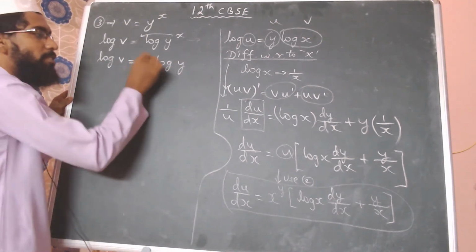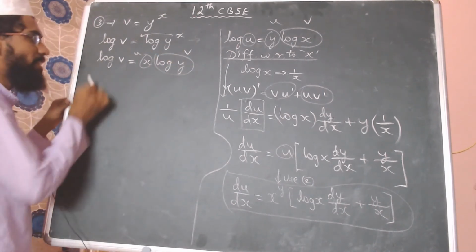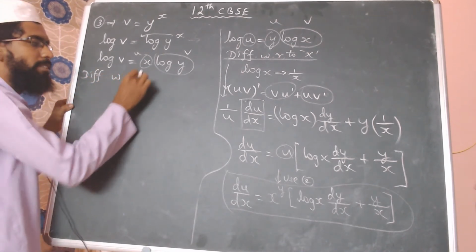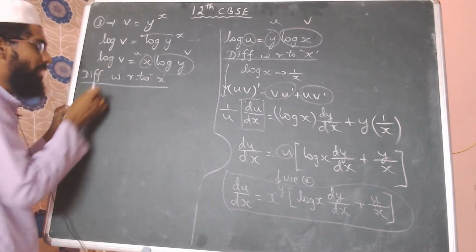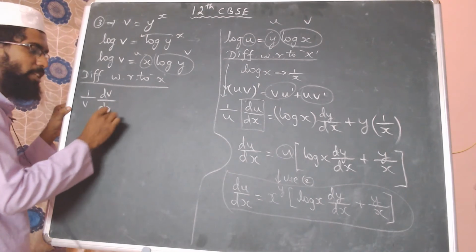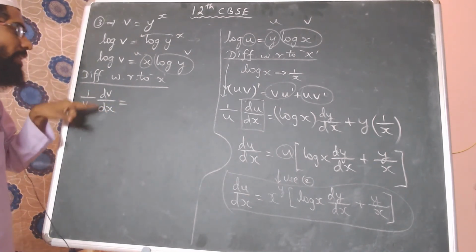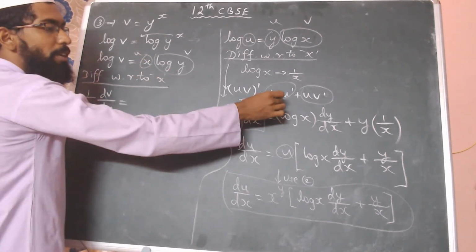Now I can differentiate this with respect to x. The derivative of log v is 1 by v into dv by dx, since I differentiated v with respect to x, equal to u v dash formula.